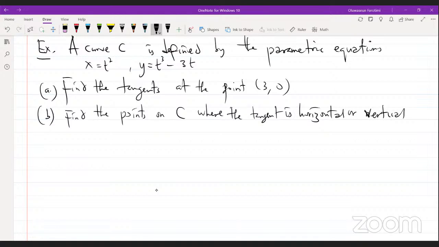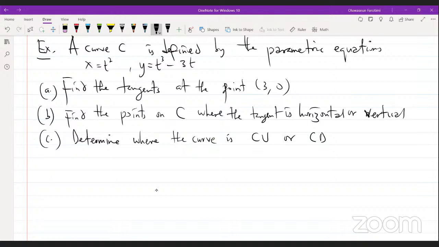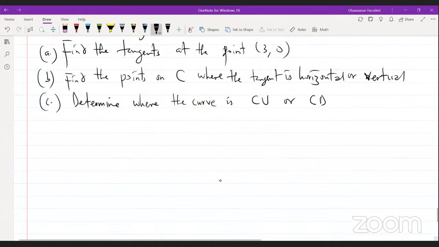And then, guys, we're going to wrap up this question by determining where the curve is concave up or concave down. Okay, let's go. Solution.